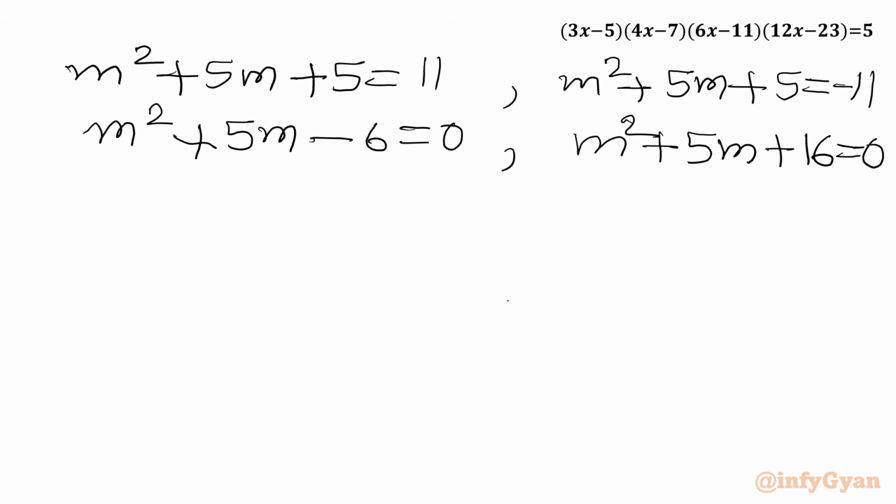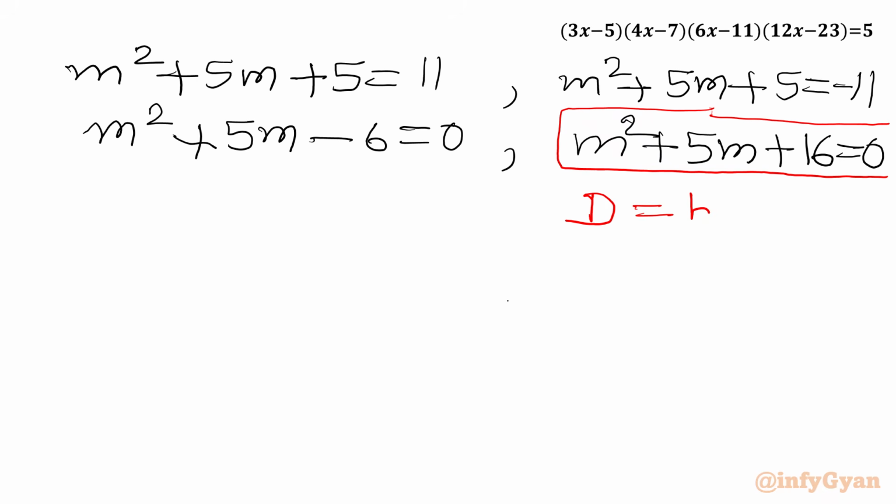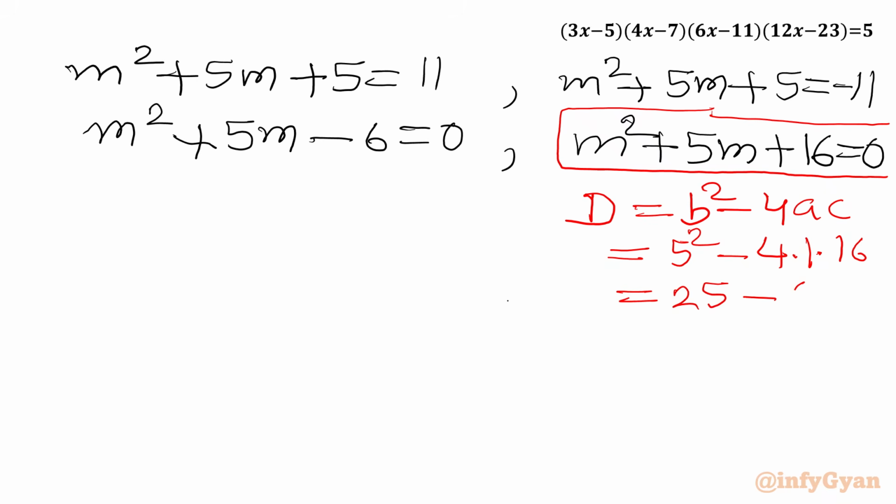Now we'll find the discriminant of the second quadratic equation. We want to check whether we are going to get real solutions or not. So D will be equal to b square minus 4ac as per the formula. Here b is the coefficient of m, which is 5. So 5 square minus 4 times 1 times 16 will be equal to 25 minus 64, which is minus 39.